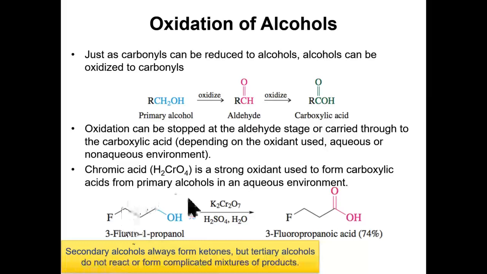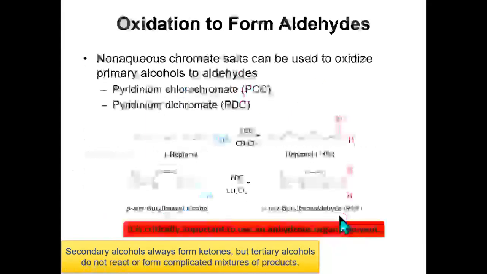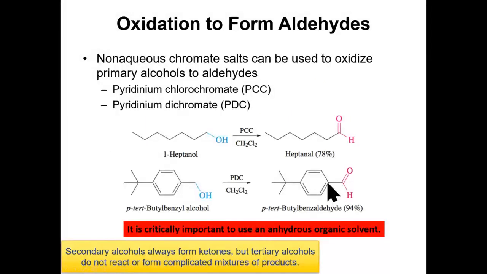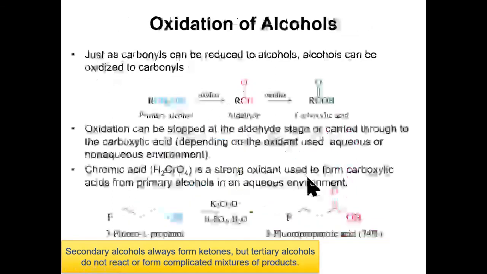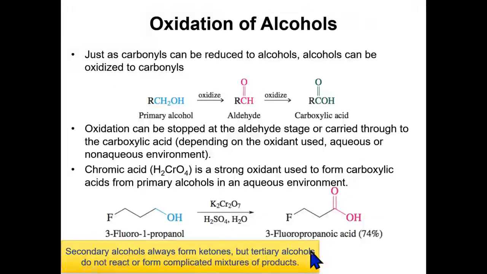So if you treat a primary alcohol with a Jones reagent, then it will give you carboxylic acid. And if you have a secondary alcohol, it will always form ketones.